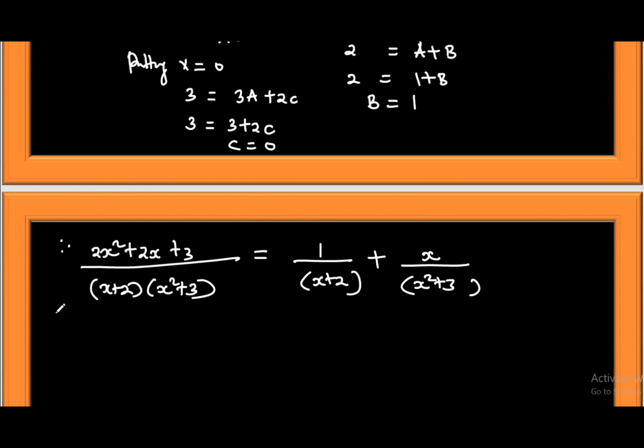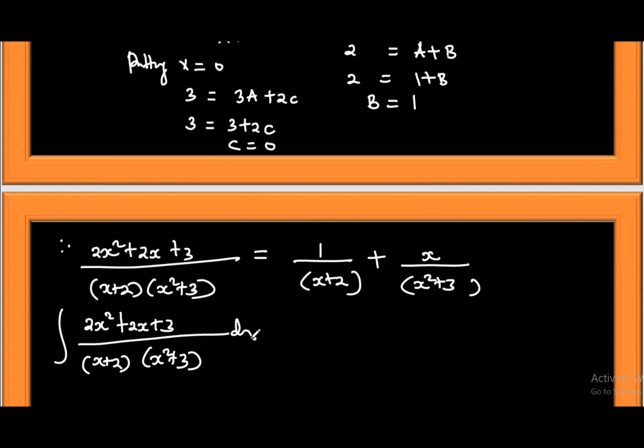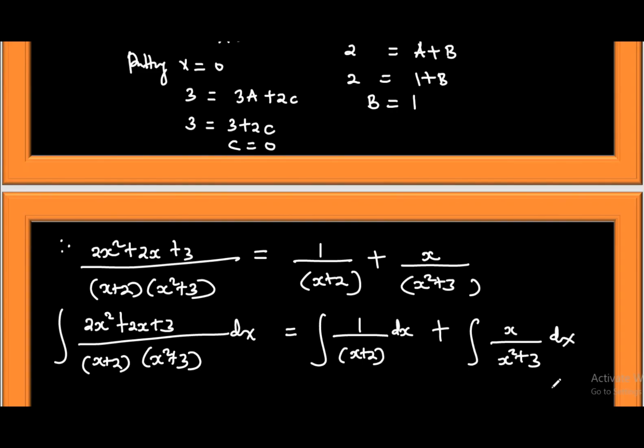And then when it comes to the integration, the integral of 2x squared plus 2x plus 3 divided by x plus 2 into brackets x squared plus 3 with respect to x is equal to the integral of 1 out of x plus 2 with respect to x plus another integral of x out of x squared plus 3 with respect to x.